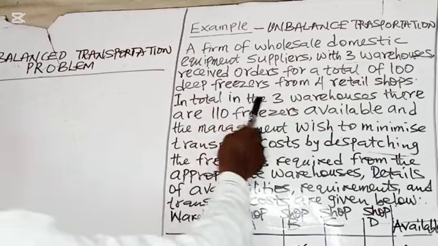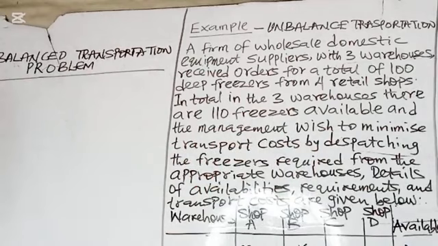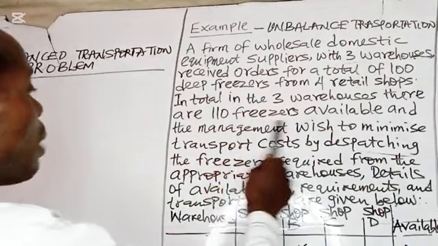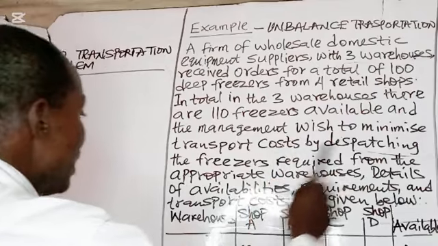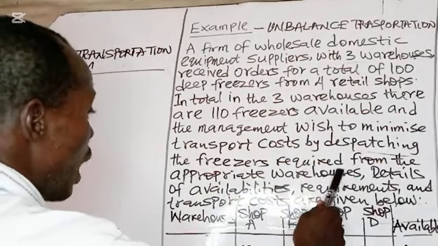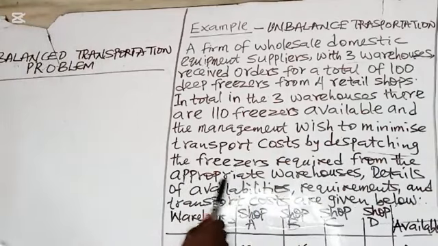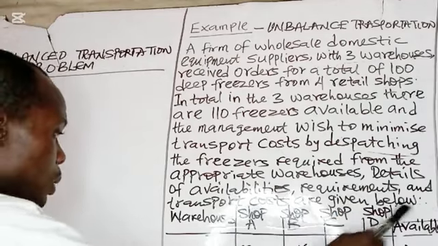In total, in the 3 warehouses, there are 110 freezers available, and the management wish to minimize transport costs by dispatching the freezers required from the appropriate warehouses. Details of availabilities, requirements, and transport costs are given below.